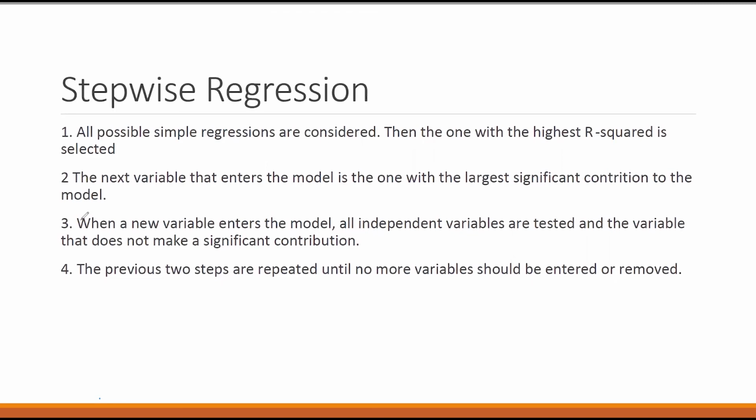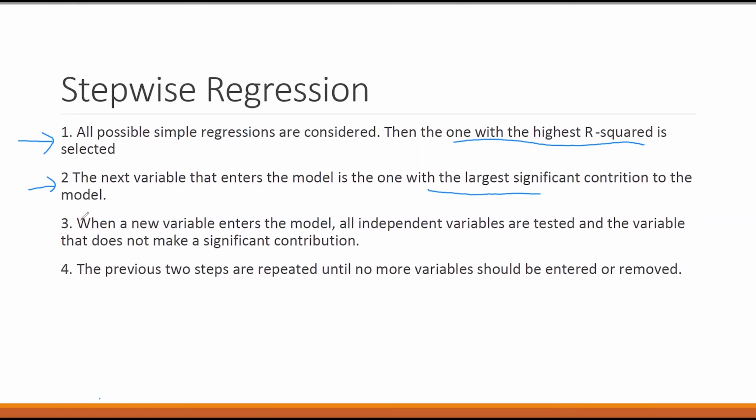So the first step is to run a simple regression model for all the X variables. And then among all the models for all the X variables, the one with the highest R-square will be selected. Then we'll move to step 2. We have a simple linear regression model with Y and the X variable with the highest R-square. And the next variable that we'll choose will be the one with the largest significant contribution to the model.